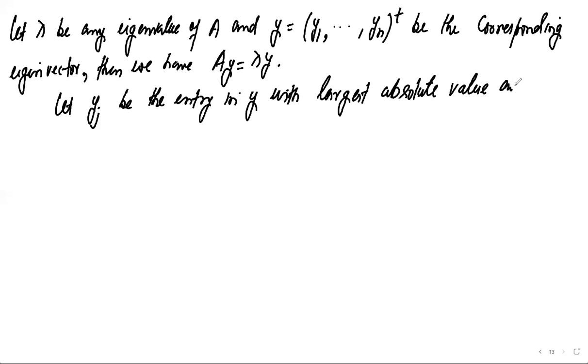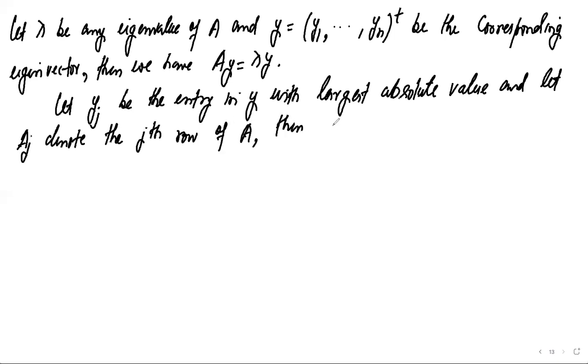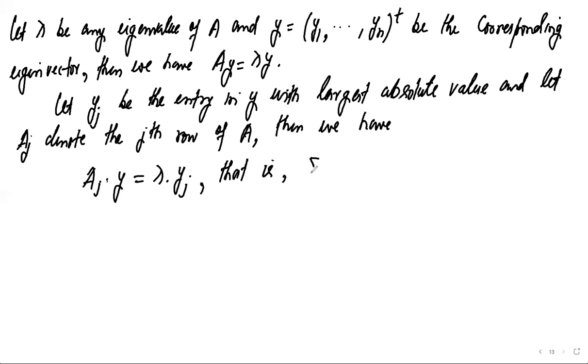And let aj denote the jth row of A. Then when we multiply the jth row aj with y, we will get lambda times yj. So that is summation over i of yi, and this is equal to lambda times yj.